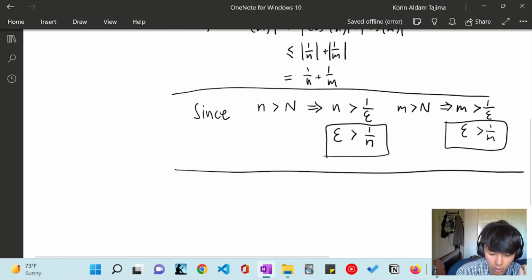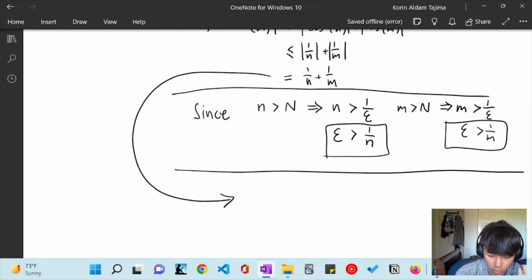So if we continue our proof, that must be less than epsilon, because 1 over n is less than epsilon, plus epsilon.